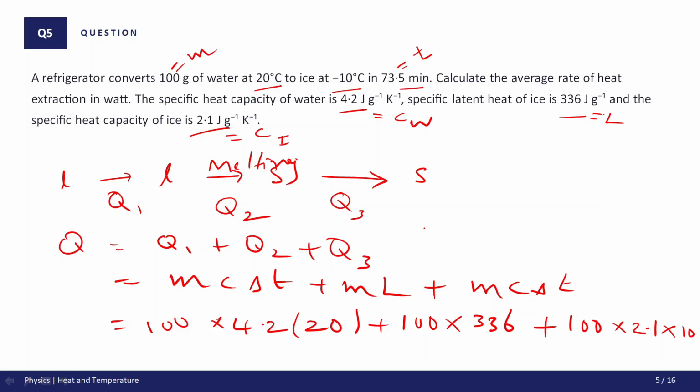So 100 into 4.2 into 20 plus 100 into 336 plus 100 into 2.1 into 10.